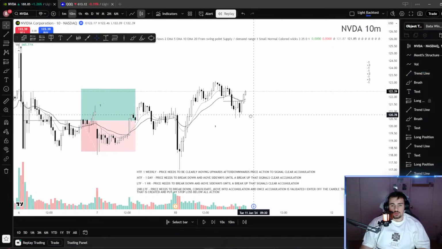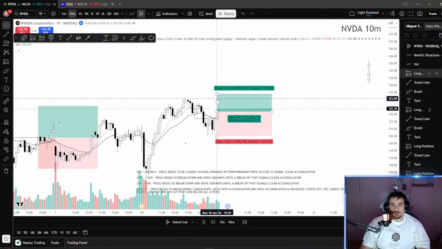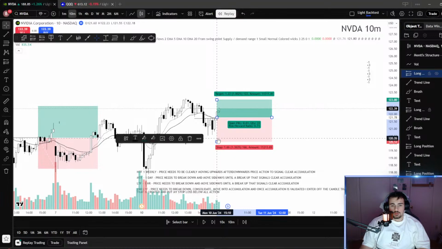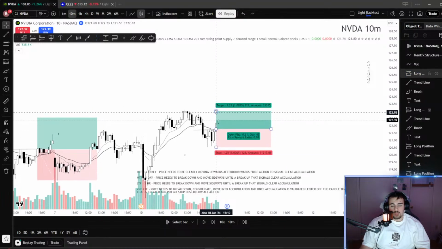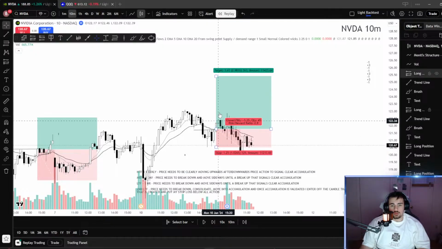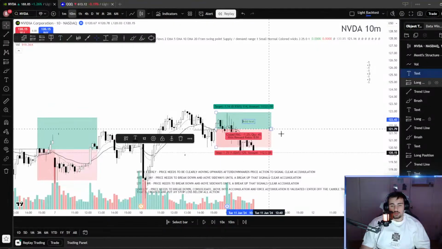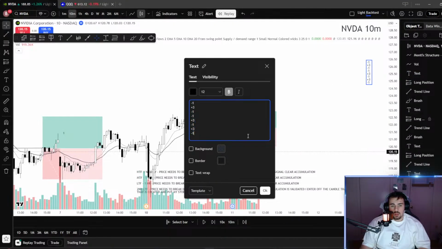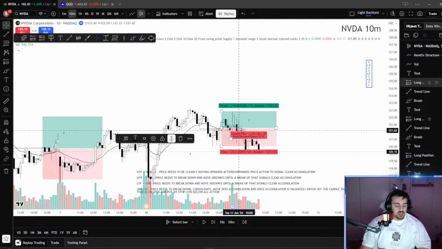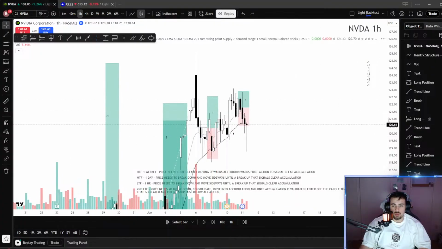Price kind of creates this roof, bounces off of it a couple times, and then this candle makes a break. Put my stop loss below the low. Aim for 1 to 3. I just let it go. It's a -1. I just put 1 when I actually put it on the chart because it's a little quicker than pressing the minus symbol.